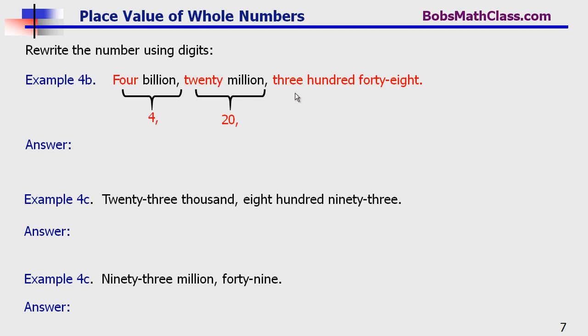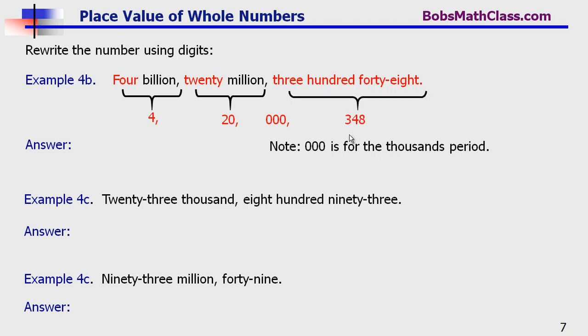The thousands. And we don't have thousands. So we have to write 3 zeros, and that's because the 000 is for the thousands period. And then the last period is 348. We don't need a 0 in front of this 4 because that's the first number. So 4,020,000,348.